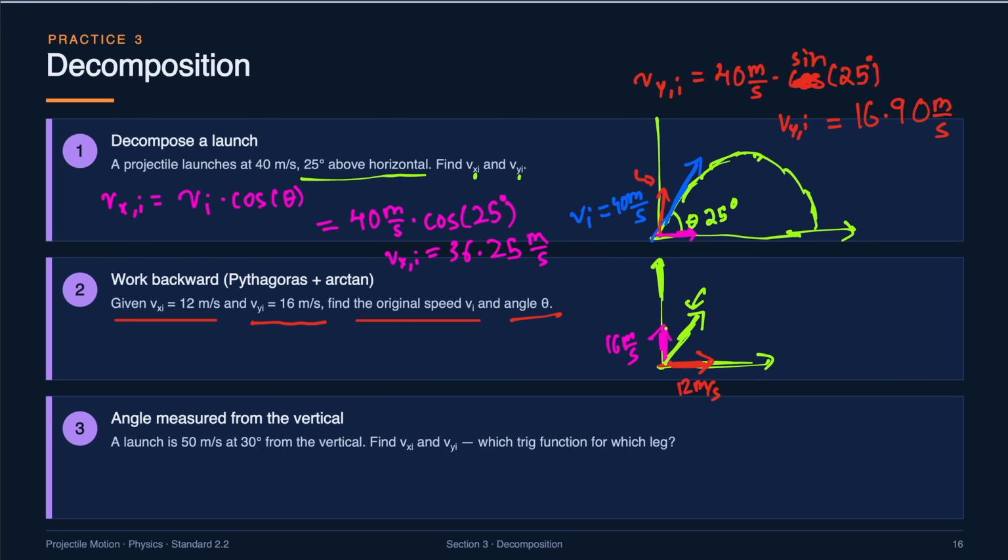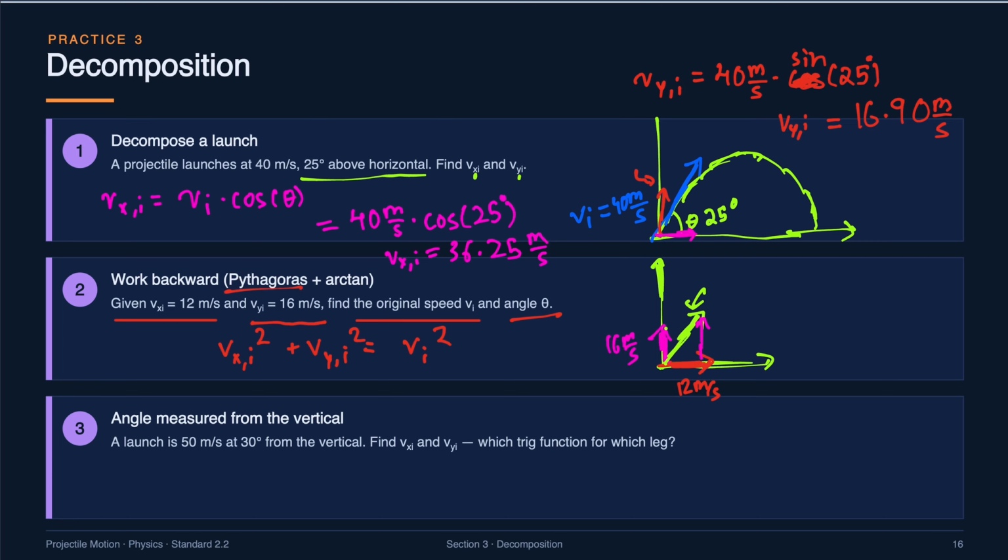You can see how it forms a right triangle, right? And velocity x initial squared plus velocity y initial squared is equal to velocity initial squared because of the Pythagorean theorem.